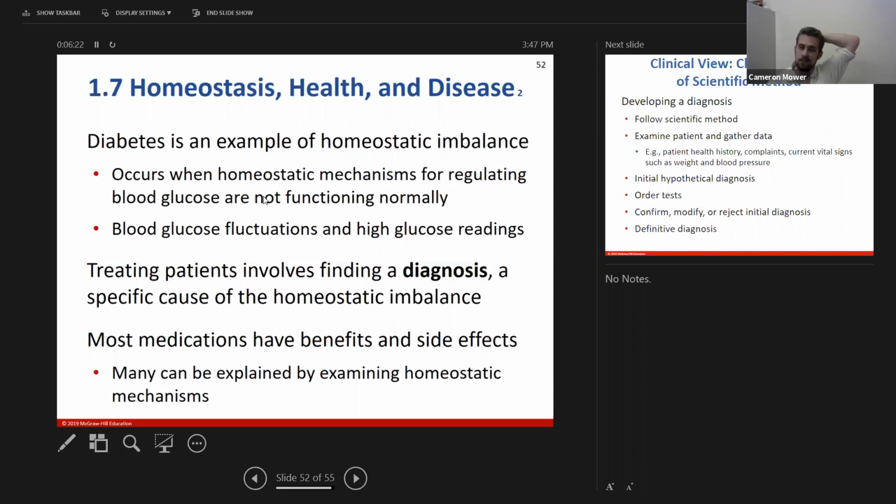Homeostasis: diabetes, of course, is an example of a homeostatic imbalance. It occurs when the mechanisms for regulating your blood glucose aren't functioning, and those fluctuations can cause more and more problems in your body. So treating patients involves figuring out what the cause of the homeostatic imbalance is and then fixing it.